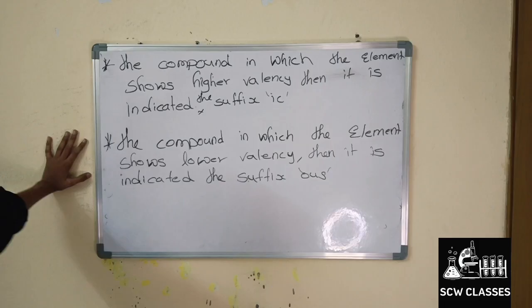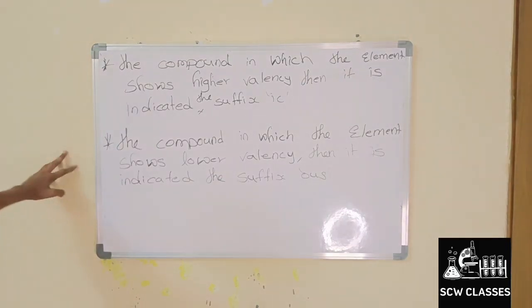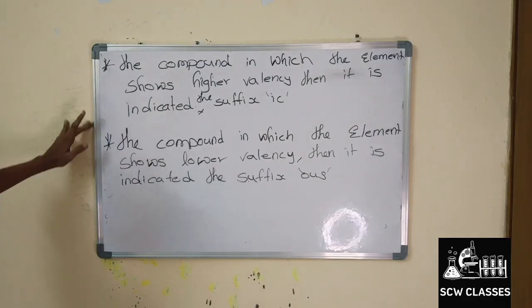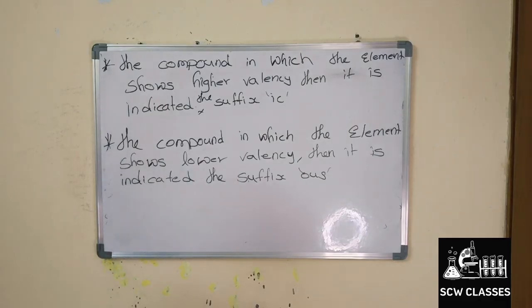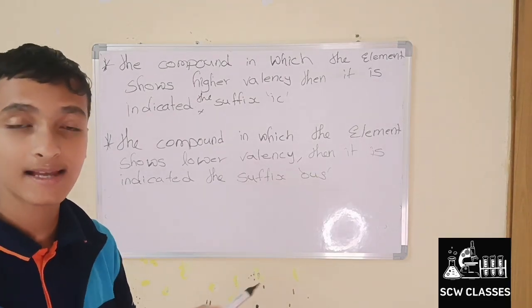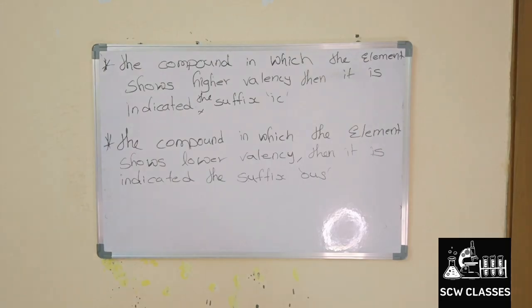Remember these two points, because they are very important. Up to now, clear? If the element has higher valency, the suffix is -IC. Lower valency means -OUS. Remember that.